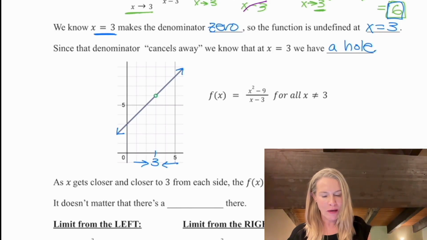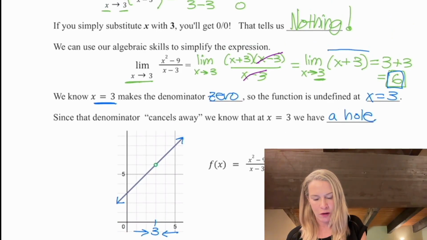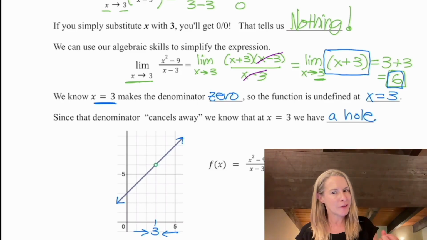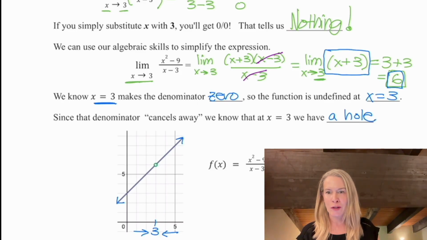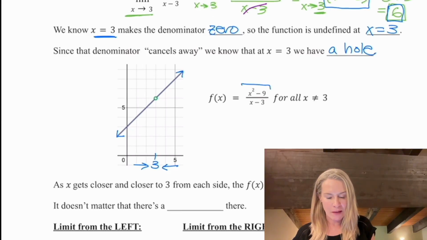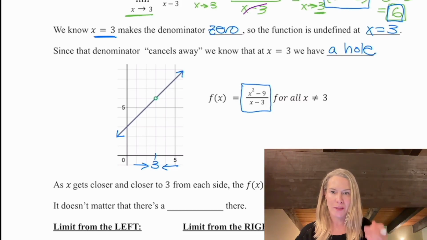And notice when we did that limit earlier, after reducing, we had x plus 3. That's a linear function. Y equals x plus 3 is a straight line with a slope of 1 and a y-intercept at 3. So the graph looks like x plus 3, but because it's written in a slightly more complicated form, that throws that hole into play as well.